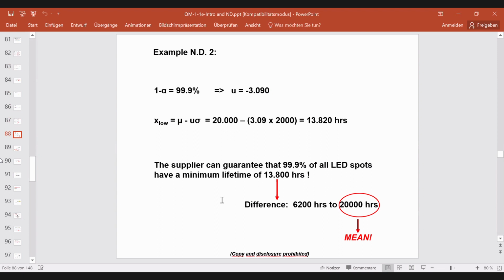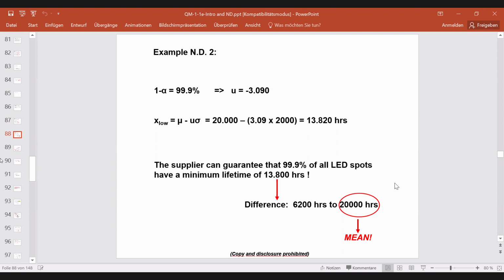13,820 hours. This means the supplier can guarantee that 99.9% of all the LED spots have a minimum lifetime of 13,800 hours. So this is 6,200 hours lower than the mean. So again, it's not enough to only look at means.